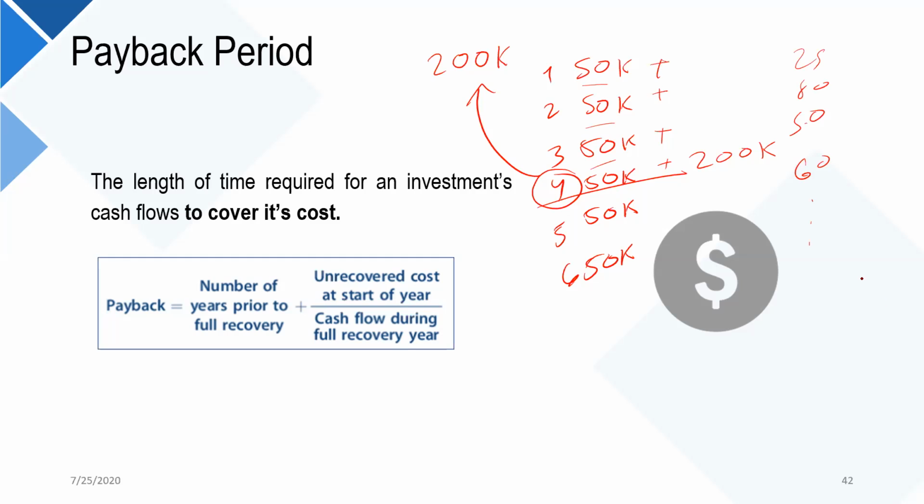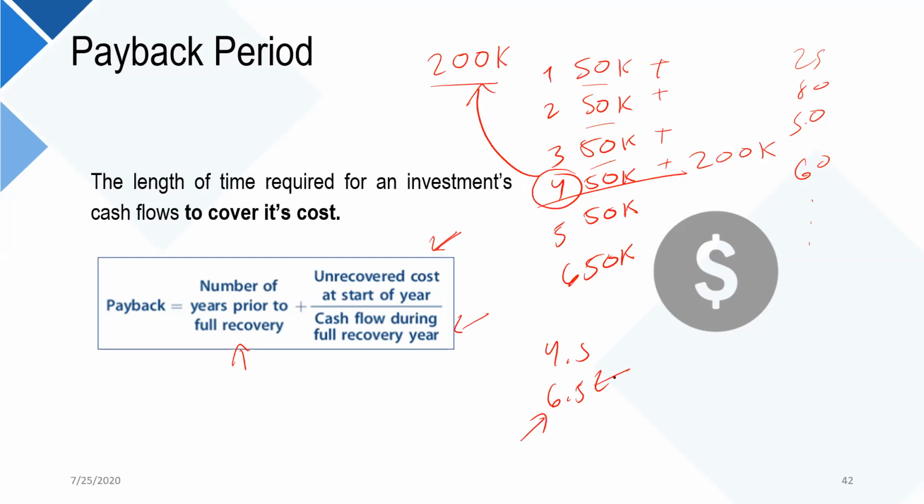That's why you have a formula: the number of years prior to full recovery, which is the years when the cash flow has almost covered the initial investment, plus the unrecovered cost at the start of the year, that is the amount still to be recovered from the initial investment, divided by the cash generated in that period. That gives you maybe 4 point something, 6 point something: the complete years before recovery, plus the fraction of the year necessary for full recovery.